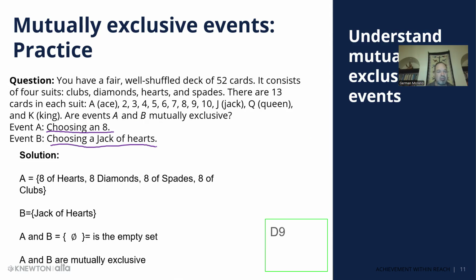So it's a set of one thing, a jack of hearts. Well, a jack of hearts cannot also be an eight of hearts. So the intersection is empty, and also the probability of being an eight and a jack is zero. So they're definitely mutually exclusive.